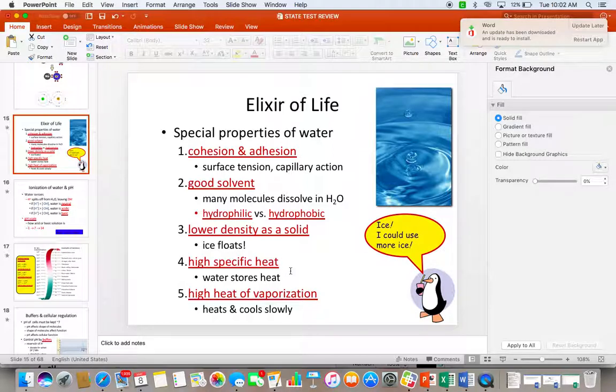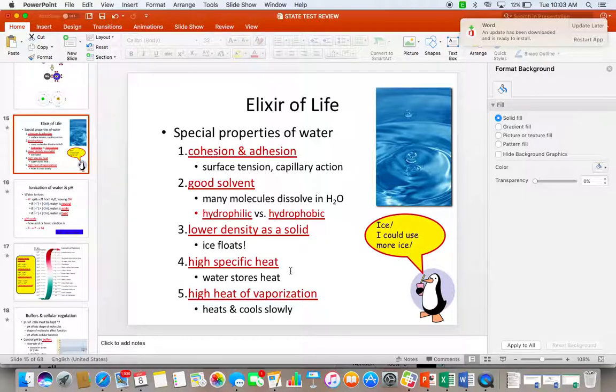Water also has a high specific heat, which means it does not want to change temperature. And so that is why the temperatures on Earth remain relatively constant all the time. It's also why our bodies can hold a constant temperature even if we go outside and it's really hot, or if we go outside and it's really cold.